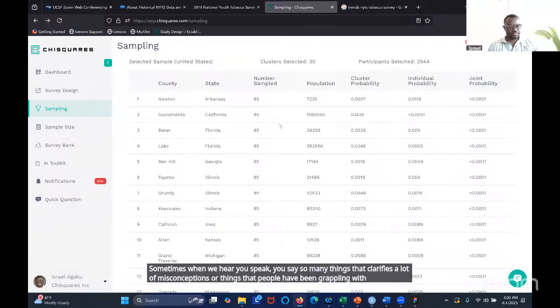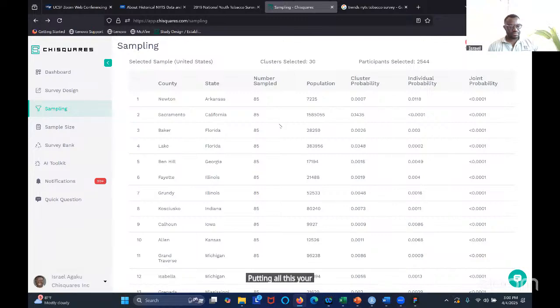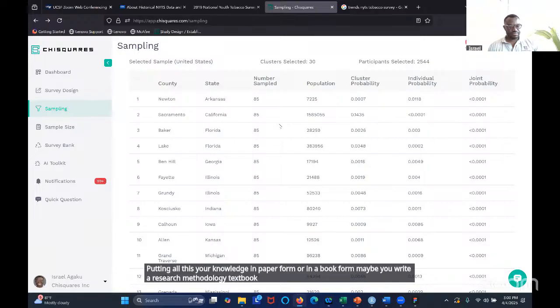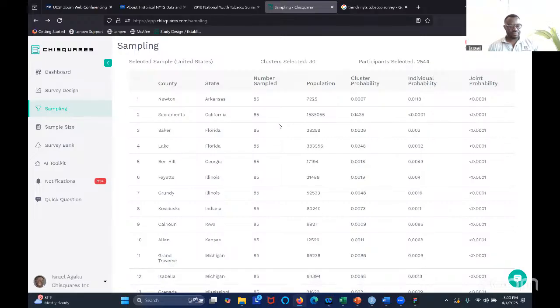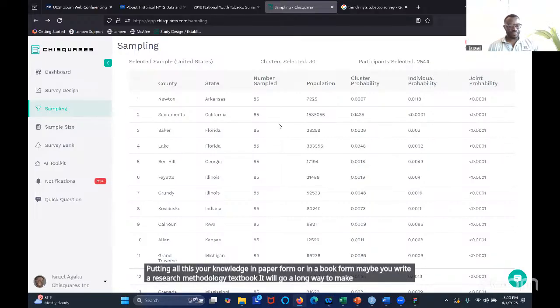But some of these things, we can't find them in articles or books. It's difficult to locate. So I think it would be good if you consider putting all your knowledge in paper form or in a book form. Maybe you write a research methodology textbook. It will go a long way to make life easier for us researchers. Thank you very much.